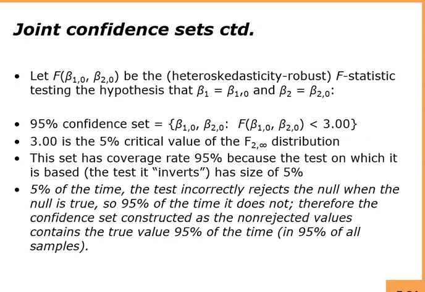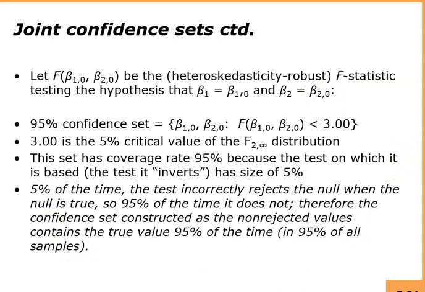So let F(beta 1 naught, beta 2 naught) be the heteroskedasticity-robust F-statistic testing the hypothesis that beta 1 is equal to some null value beta 1 naught and beta 2 is equal to some null value beta 2 naught.